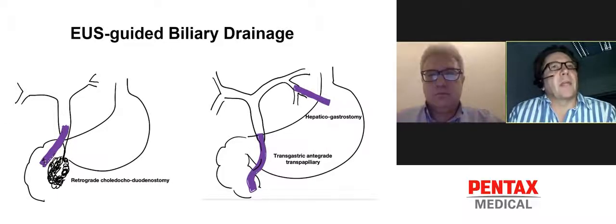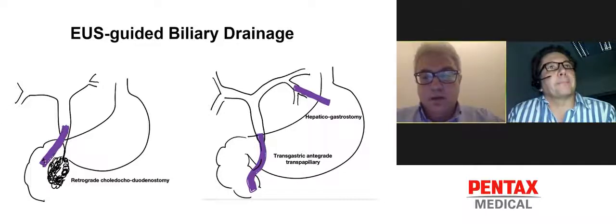However, we still need some more data to confirm this. And I'm particularly concerned about the risk of cholangitis with choledochoduodenostomy in these patients. However, the studies up till now have not shown that to be a major problem. But what are your thoughts on this?